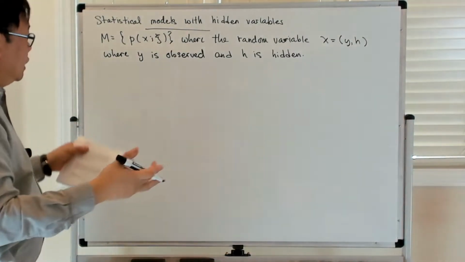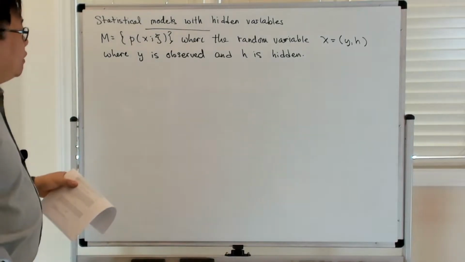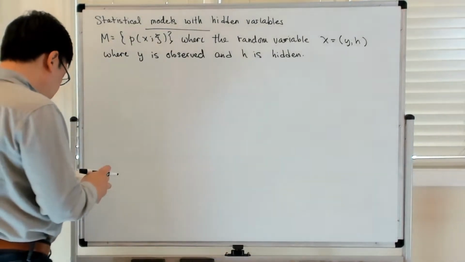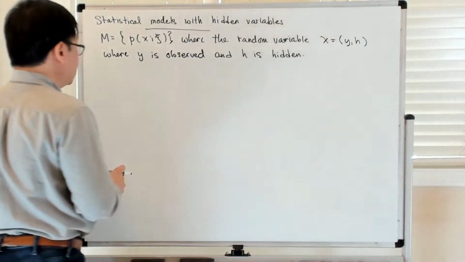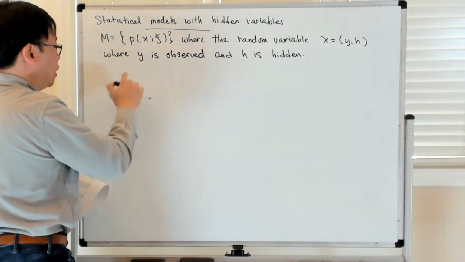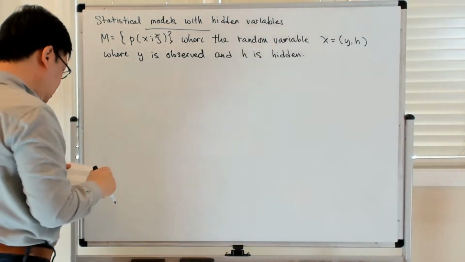So you have a probability distribution which is defined on a bunch of random variables, but only some of them you can observe. Okay, so the question is, can you estimate this parameter with only access to the observed data, right?